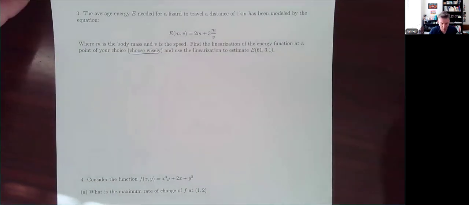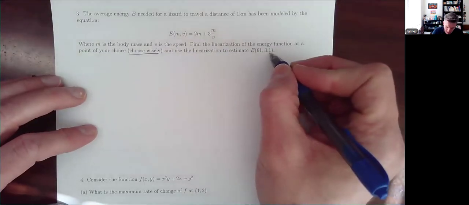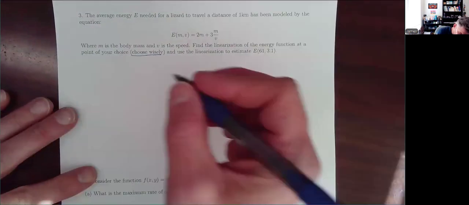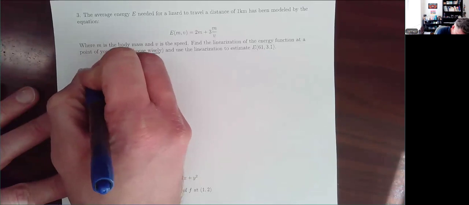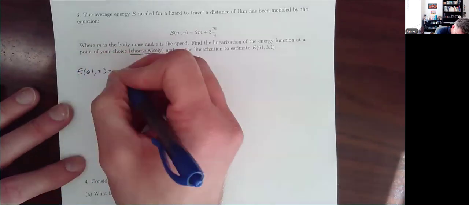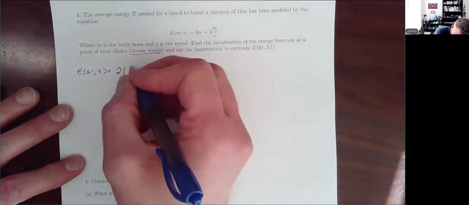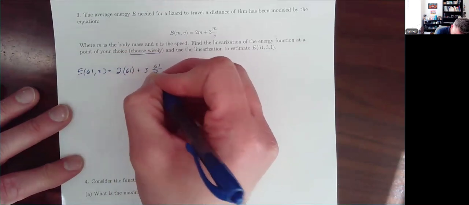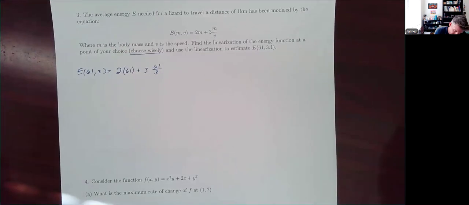So we first have to figure out what point is close to 61, 3.1 that's easy to plug into this function. You might think 61, 3 is the right choice, and that's not a bad choice, but I'll point out if you plug in 61, 3, look what happens. You're going to get 2 times 61 plus 3 times 61 divided by 3. That's actually not a terrible choice.